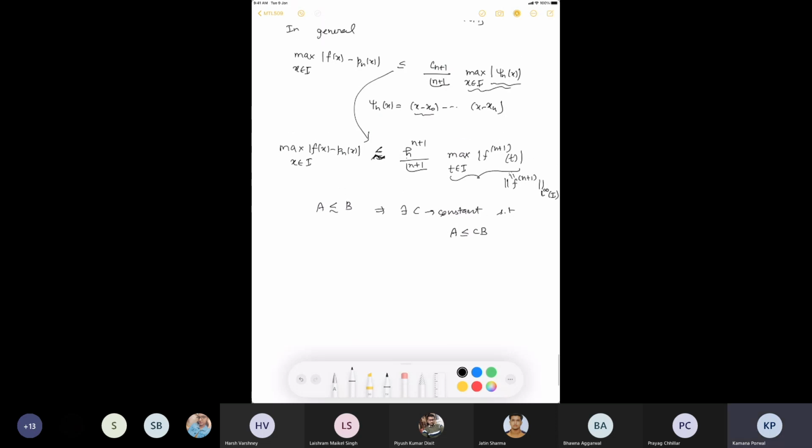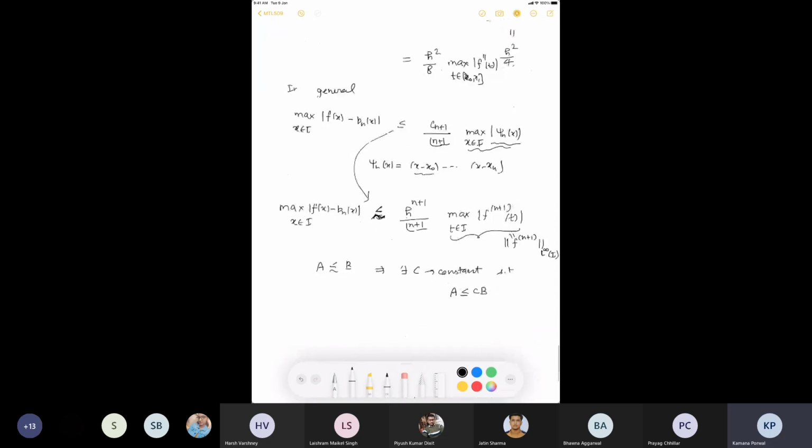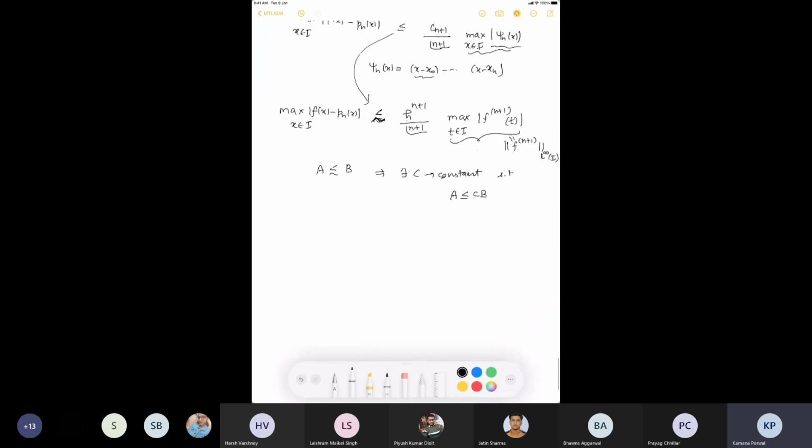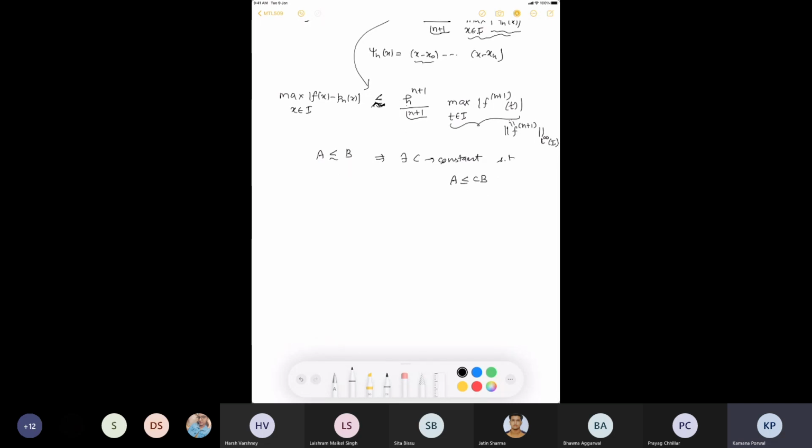So now let's try to answer the query which we raised before: does it always happen that if you increase the polynomial degree, the error will get reduced every time? In a way we are asking, if n tends to infinity, does the error go to 0?